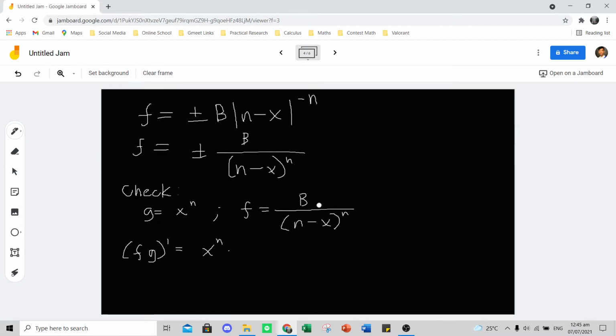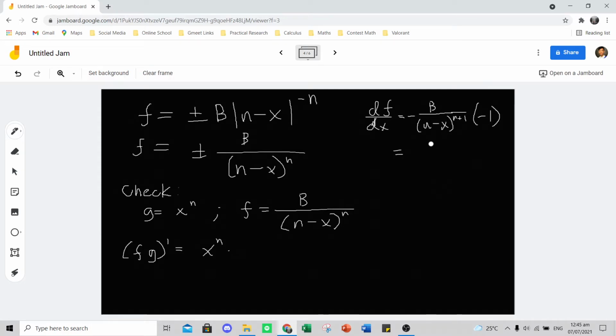So what is the derivative of f? Let's do df over dx. This is negative b all over n minus x raised to n plus 1, times the derivative of the inside, that is just -1.